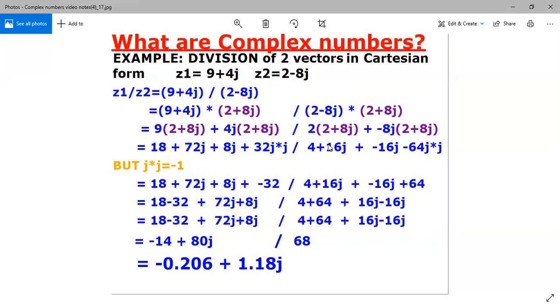Notice here, plus 16j minus 16j, if you add them together, they cancel out and give you 0. Remember, j times j is j squared, which equals minus 1.